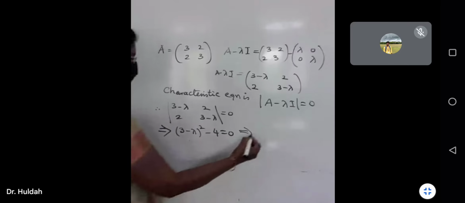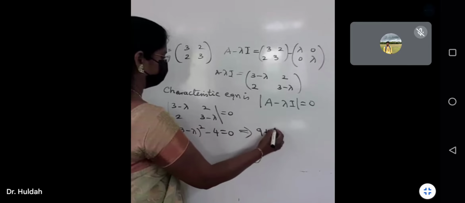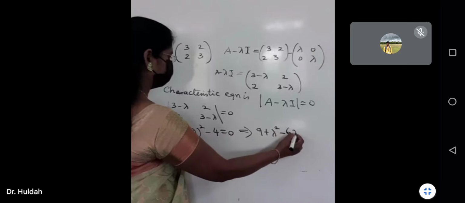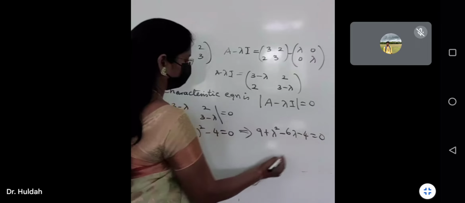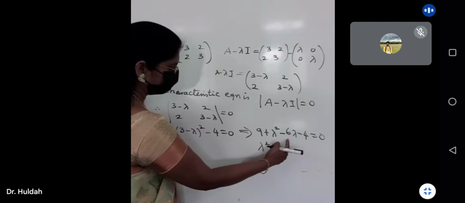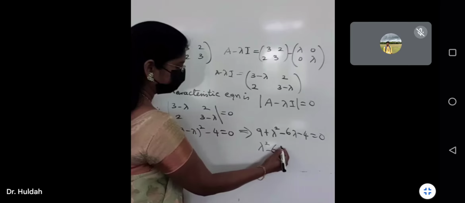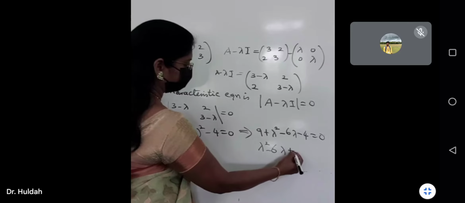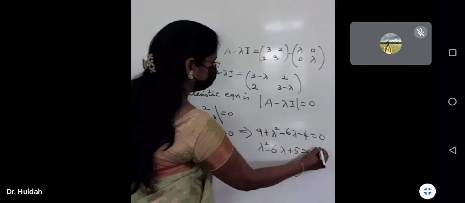Let us simplify this. Lambda squared minus 6 lambda plus 5 equals 0. The characteristic equation.